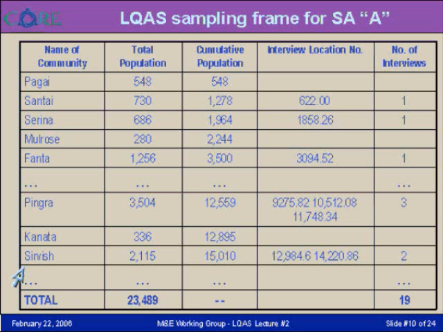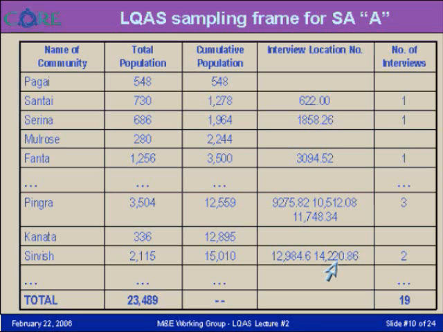And actually the next location number, 14,220, still falls within Servish, which means we will conduct 2 interviews in the town of Servish, simply because its cumulative population, 15,010, is equal or larger than these 2 interview location numbers.